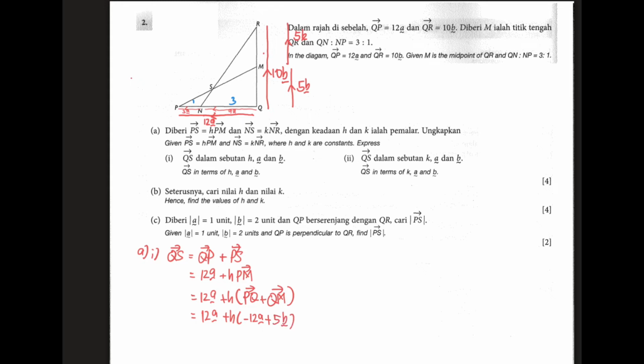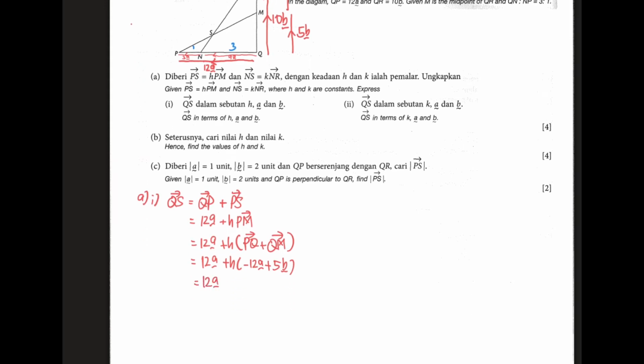Now 12a minus 12ha plus 5hb. Okay, so it is good to gather up the coefficients in this way, so that later when you do comparison you can do it easily. So we get QS in this form in terms of h, a and b. Okay, so this one we settle. Now we look at part 2.